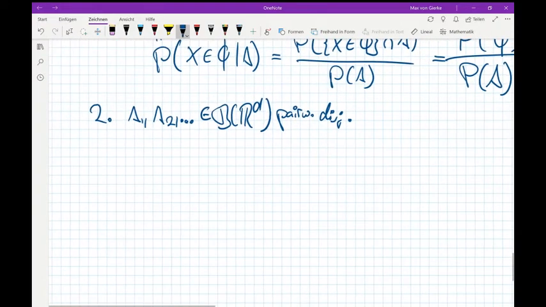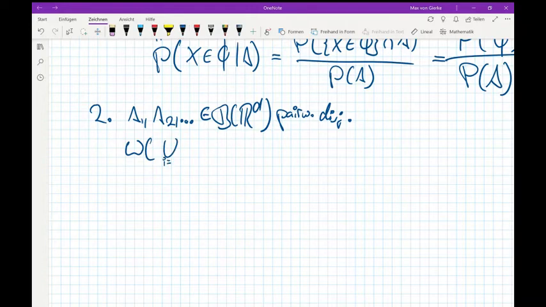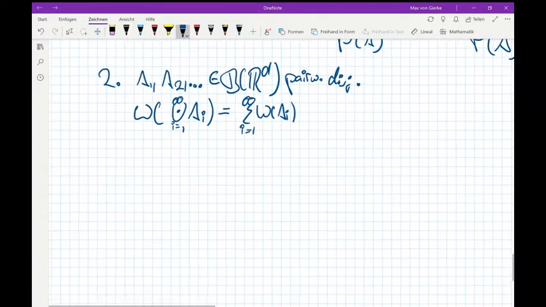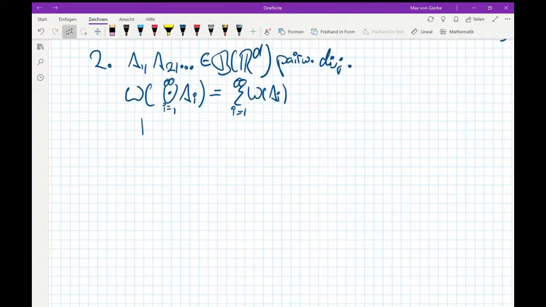Okay, and we want to show that W of the union of these A_i is the sum of W of A_i. Yeah, again this follows from P being a measure.